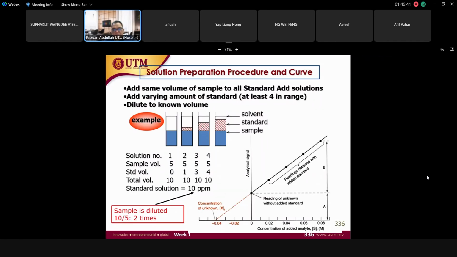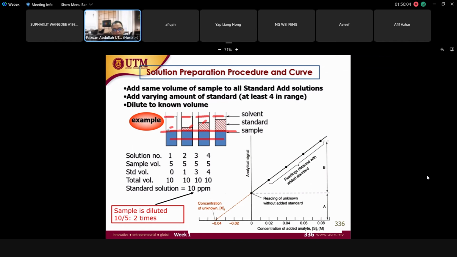For example, this is how we prepare. In all solutions, we have a similar amount of sample. The difference is only the standard solution, 0, 1, 2, 3, 4, 5 ppm. And then we put solvent to dilute it up to the mark.